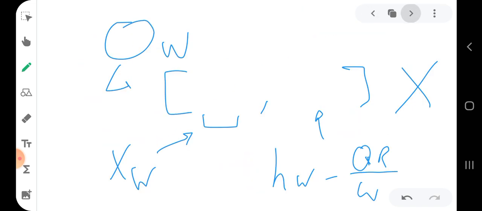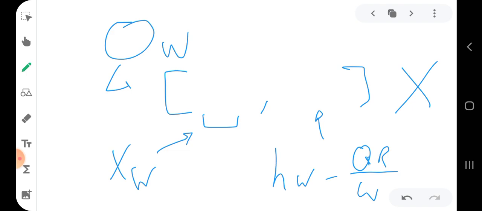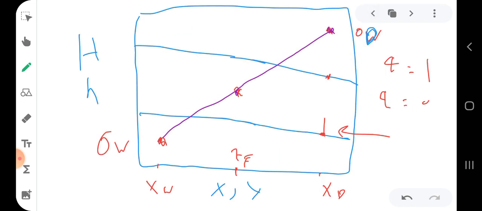But if I have here a liquid, how to go to this vapor phase? Simply, I can draw a vertical line. So by drawing this vertical line, I go from the liquid phase to the vapor phase.